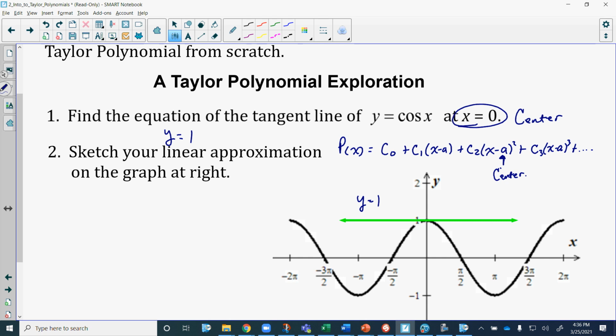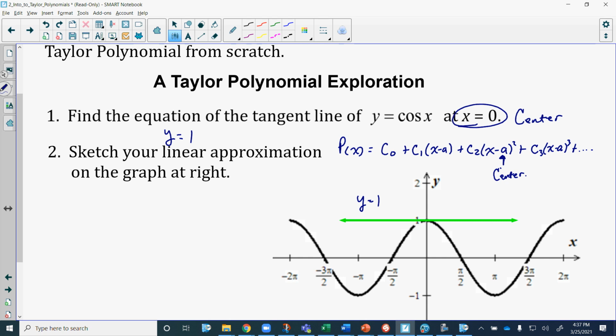And that is essentially what a Taylor polynomial is going to be. In this case, the Taylor polynomial is representing the line. It is a degree 0 polynomial because it has no x value. There's no slope. This is just a degree 0 polynomial, a constant expression.